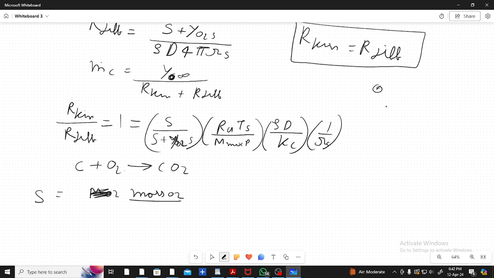Mass of O2 upon mass of carbon will be 32 upon 12, which comes to somewhere around 2.667.